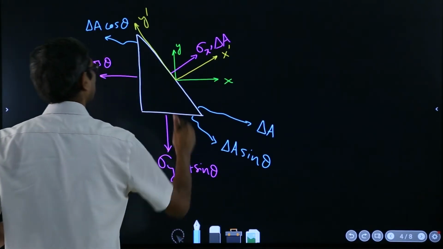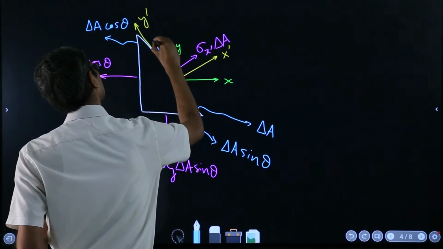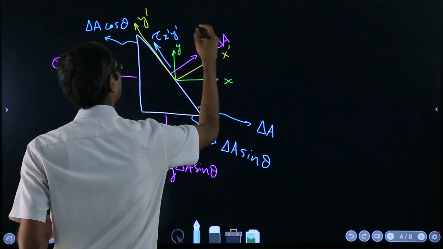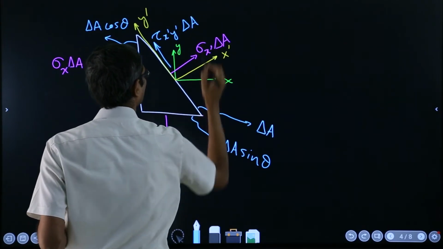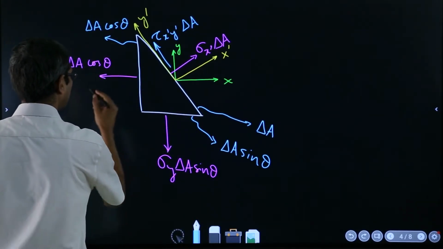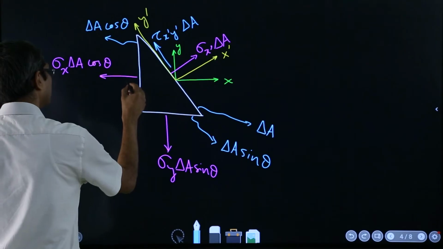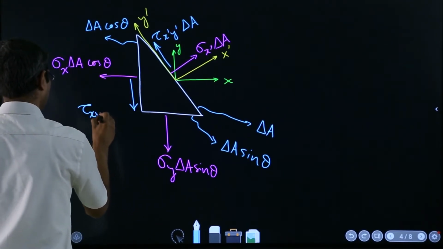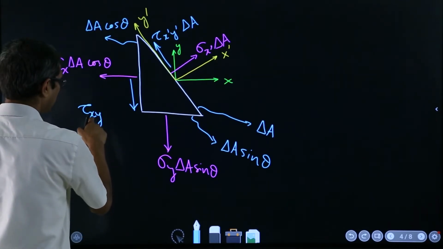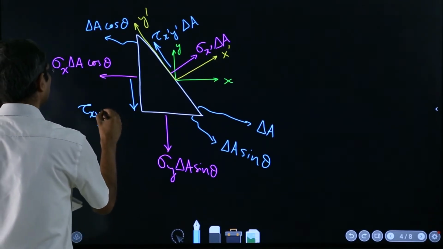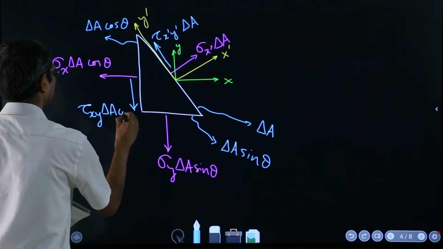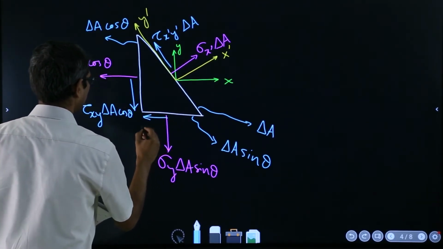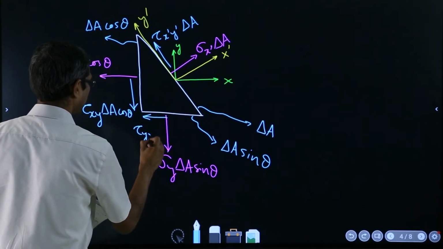Coming to the shear stresses, let me draw here. This is our tau x primed y primed delta A, and here this way is my tau xy, again not primed, times delta A cosine of theta, and similarly in this direction tau yx.